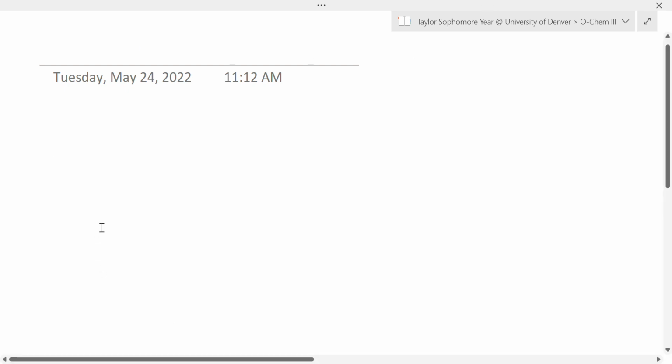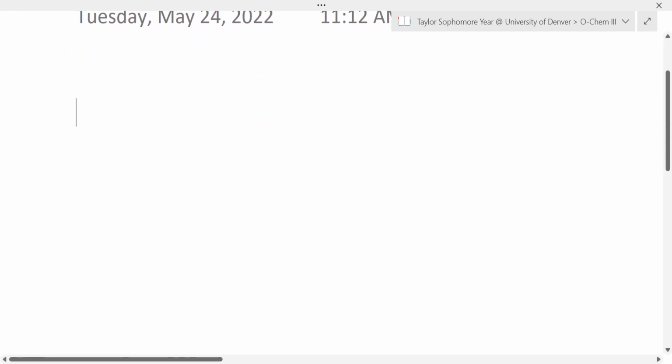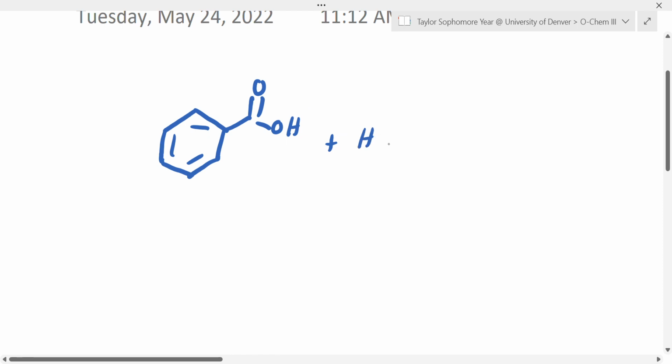Hello, so today we'll talk about a couple of examples and the mechanisms of the synthesis of carboxylic acids and their derivatives. To start out, we'll start with a simple Fischer esterification, and that will include a carboxylic acid here plus HOCH3.